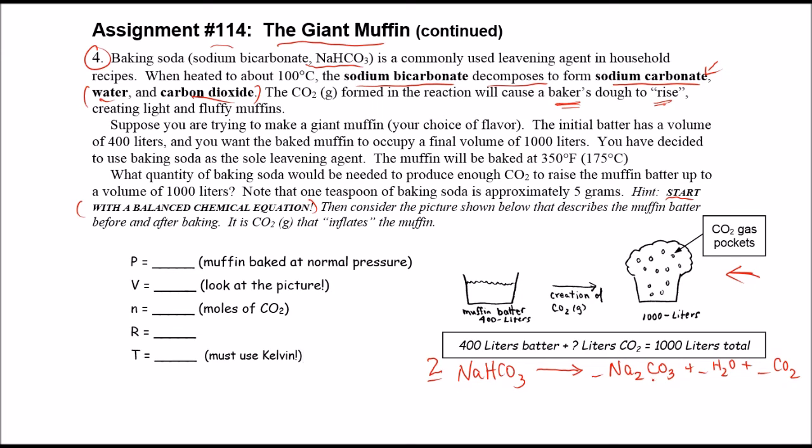One of them is here, and the other is here. So there are 2 carbons and a total now of 6 oxygens. I see 3 right here, plus 1, plus 2. That is 6 oxygens. It is a balanced equation. So although it might seem intimidating, it's not that bad.